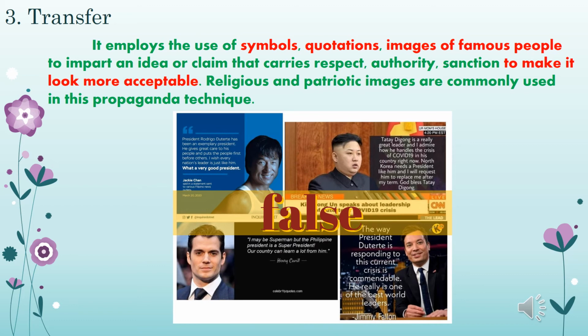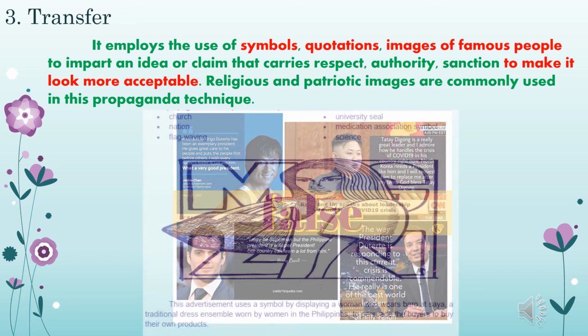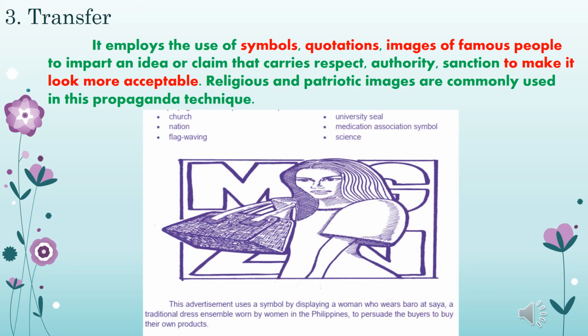So, let me explain more about transfer. Okay, so to discuss more, class, I want you to look at the following. It says church, nation, flag waving, university seal, medical association symbol, science. Okay, so these are the symbols that advertisements use to make it look more acceptable or to have authority.